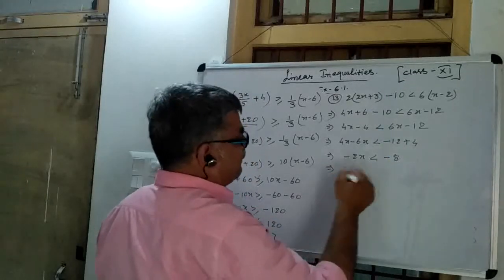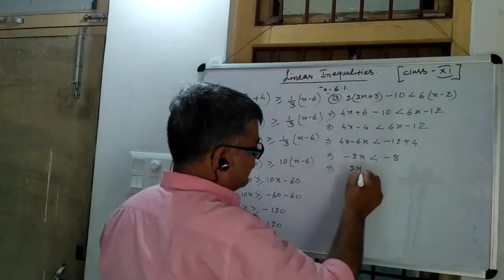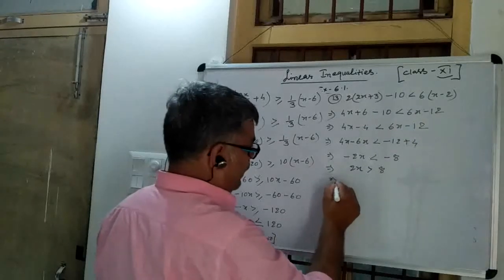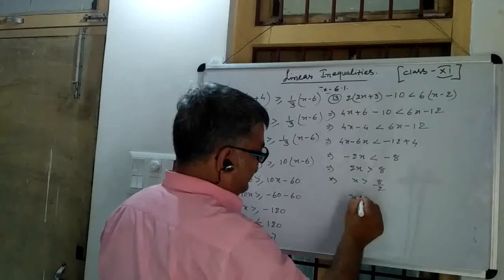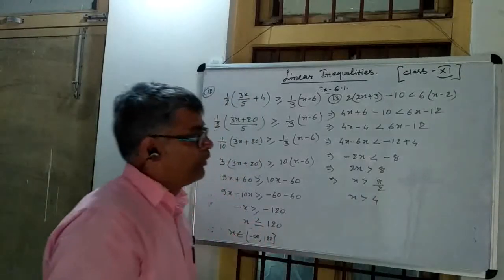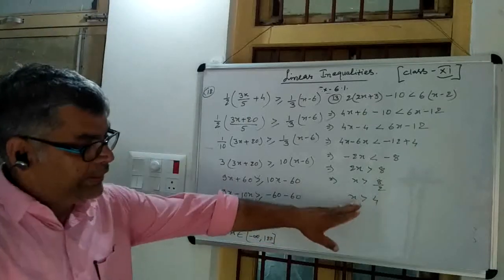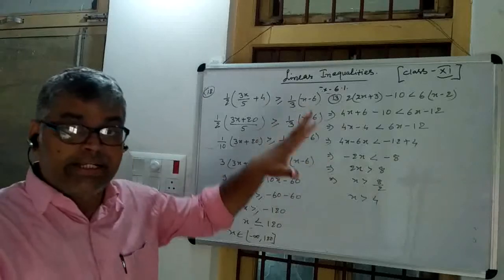By multiplying by a minus sign on both sides, we can write 2x is greater than 8. So x is greater than 8 by 2, from where x is greater than 4. It means that all those real numbers which are greater than 4 are the solution of this inequality.